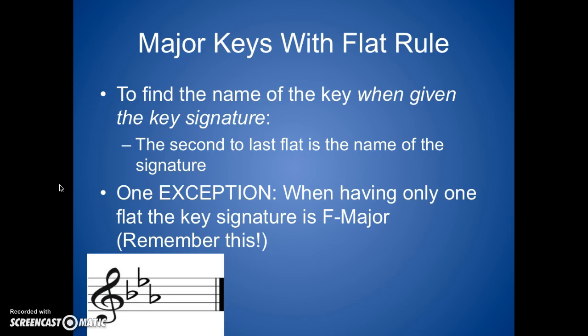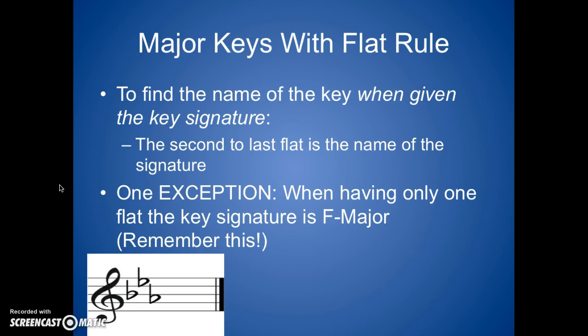And the reason is because if we look at the whole-half rule of the major scale, starting from F, we'll get B flat within the whole-half part, where the third note and the fourth note are a half step from each other.